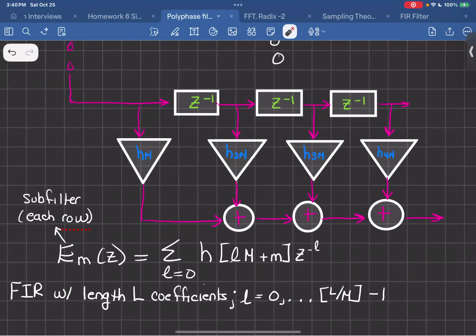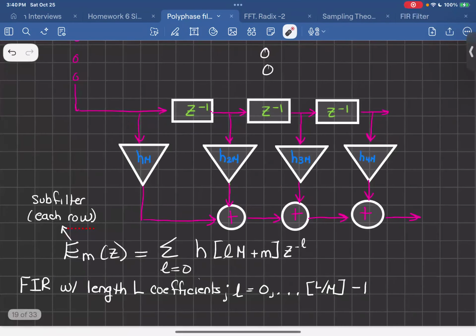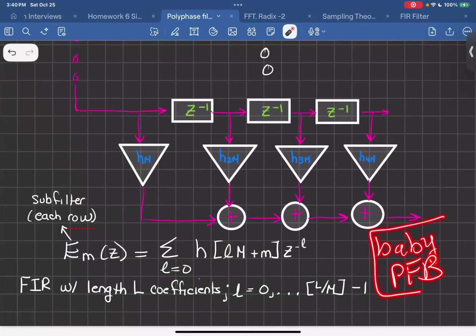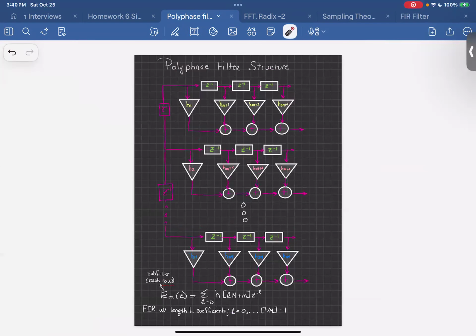Right. So for those who have built the baby PFBs, test this formula for your baby PFBs. Those who have done it know what I'm talking about. Okay. Always put in real numbers when you are developing your equations.